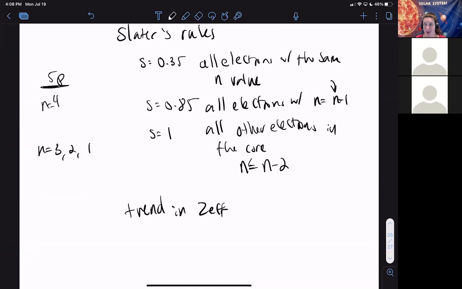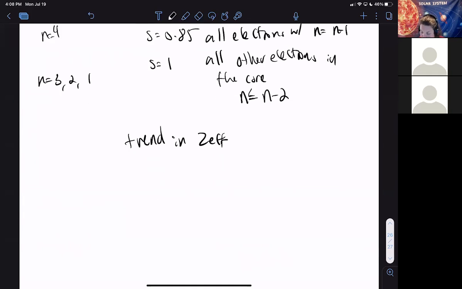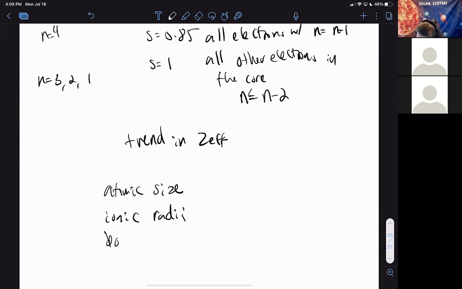That trend is going to affect atomic size, which you should be able to describe. You should be able to describe the trends in atomic radii and ionic radii. You should understand what a bonding atomic radius is.